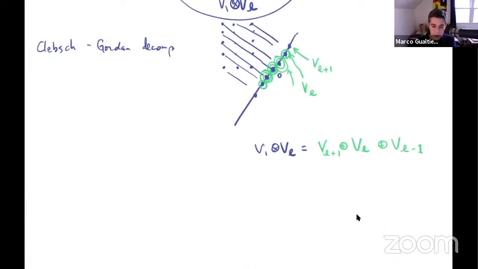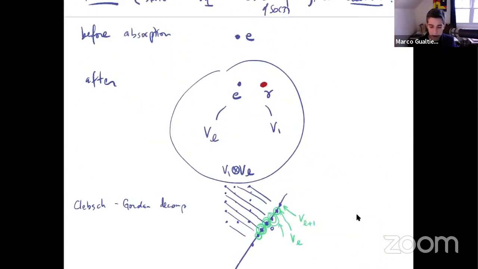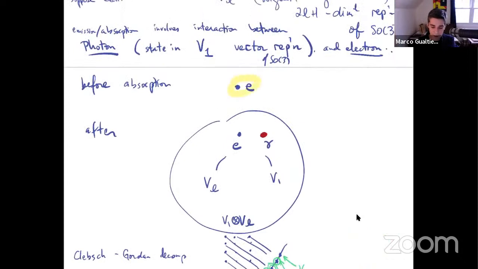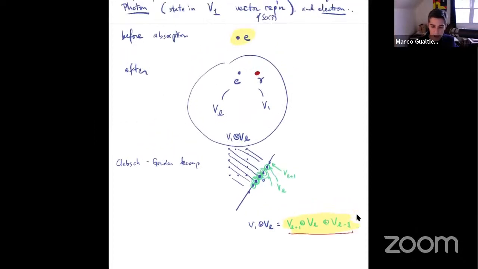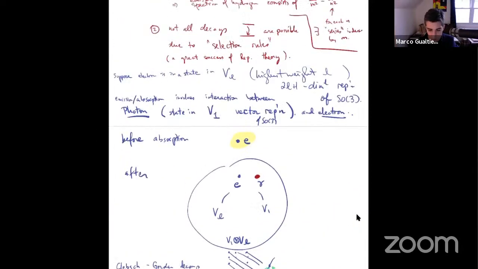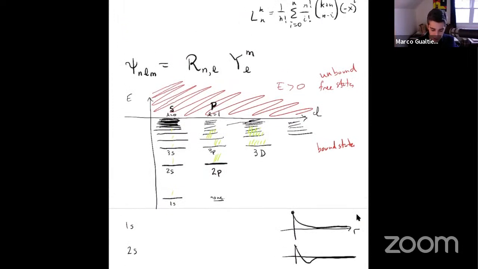What this is showing us is that the resulting state must be in a linear combination of these 3 states. So if you have a state here somewhere, and if it decays, it can only decay to here, here, or here.